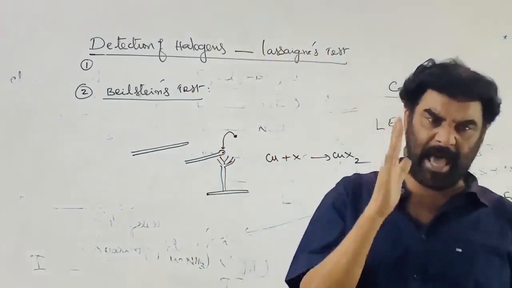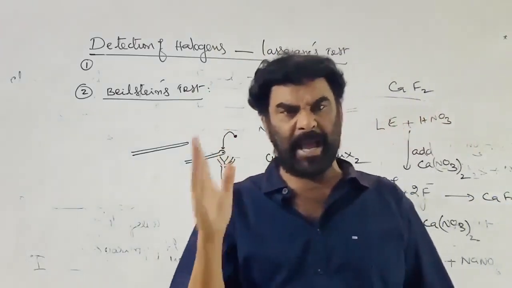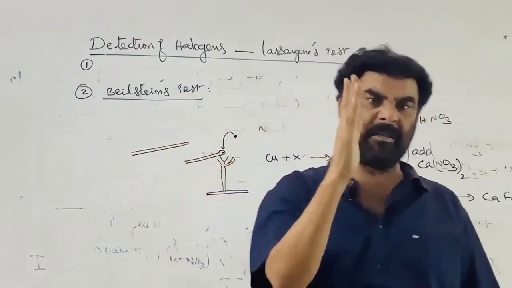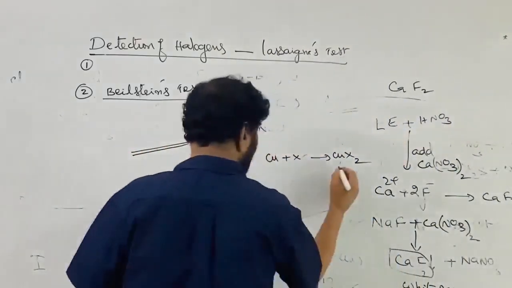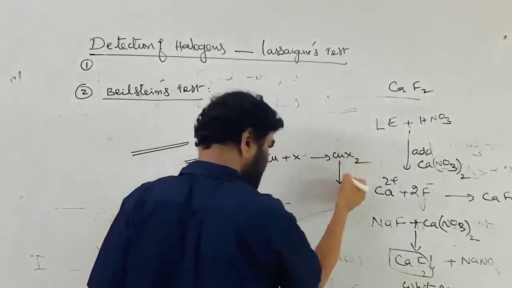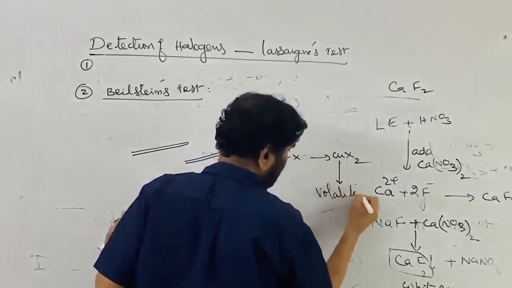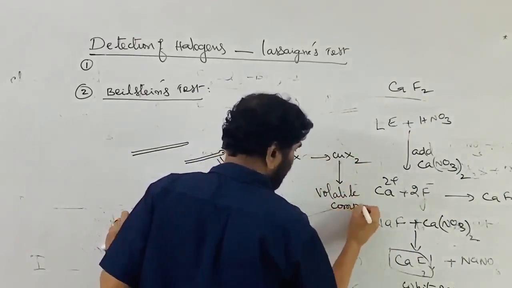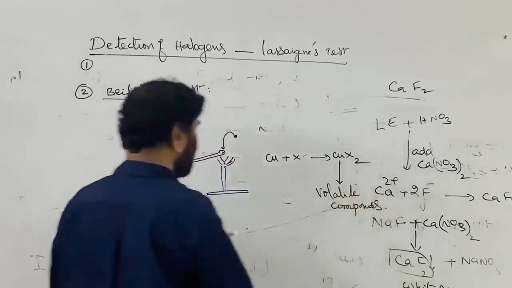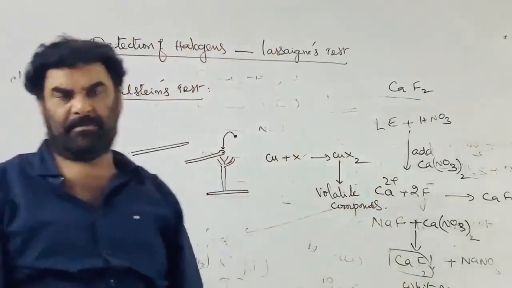The halogen present in the organic compound reacts with the copper and is converted to copper halide. Copper halides are volatile compounds; on heating, they readily convert into vapor form.